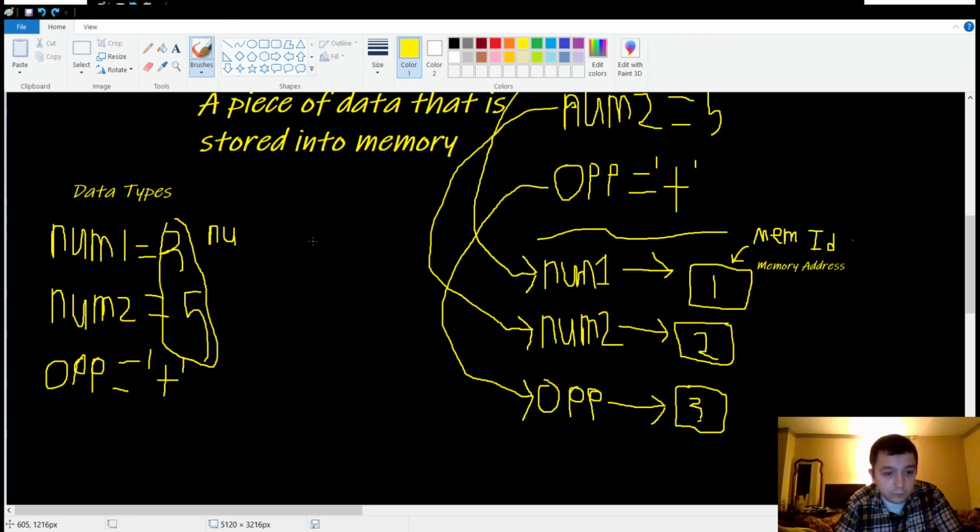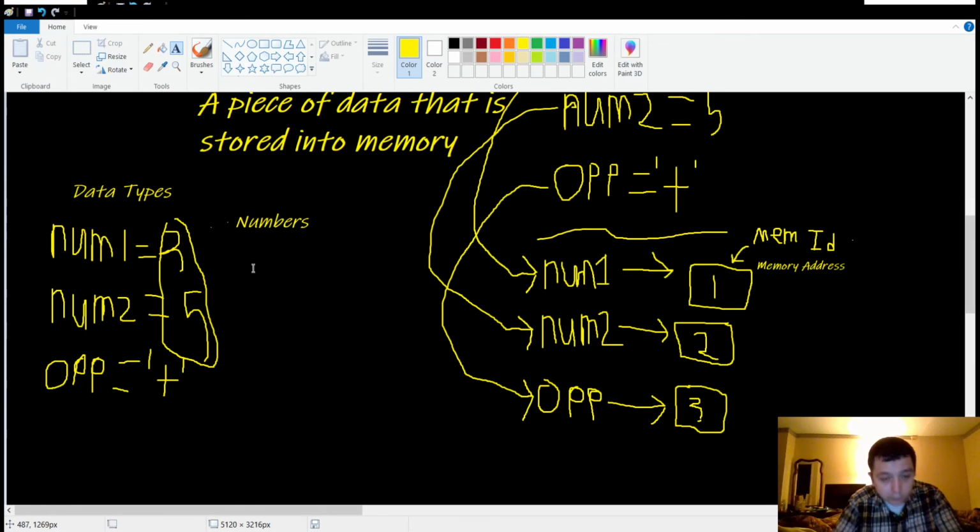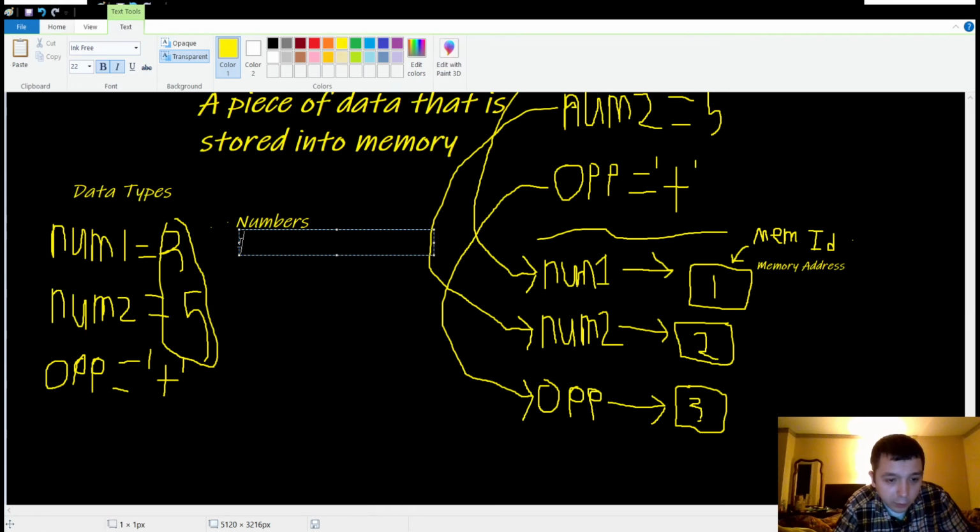Actually, I should probably just type that. So numbers are not called just numbers in the computer world. You probably heard the term before in math too, but in programming, you would call these integers.